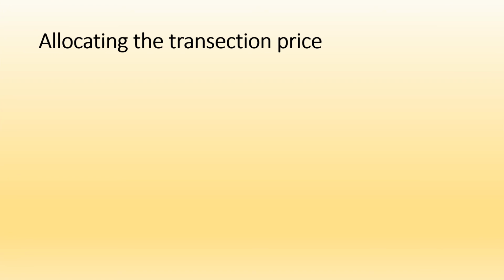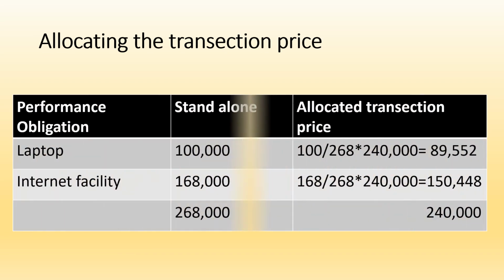Now let's allocate the transaction price. So there are two performance obligations. One is to provide the laptop, the other one is to provide the internet facility. As I mentioned earlier, the standalone price is 268,000 altogether.